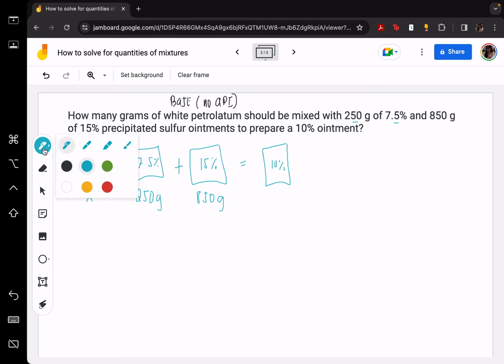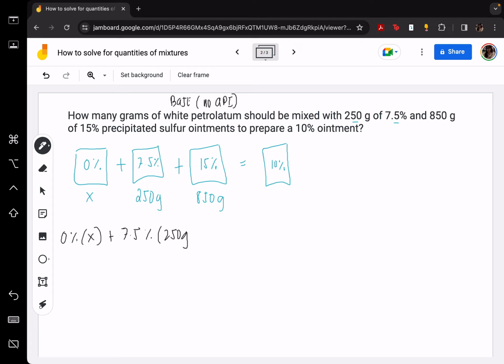And so converting this again, using your method one, you have simply 0% times X plus 7.5%, 250 grams plus 15%, 850 grams, and then equals 10%. So the parentheses here should be the sum of all the amounts. So X plus 250 plus 850 grams.